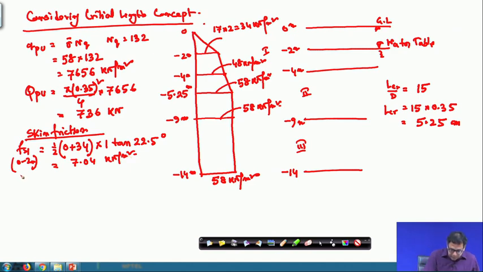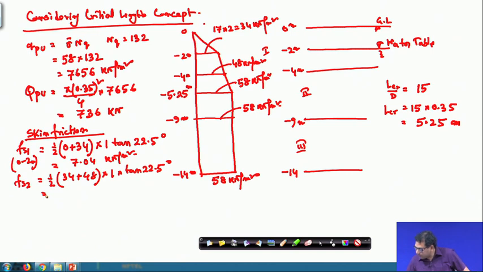Okay. So, similarly, Fs2 will be the average of these two, that is 34 plus 48, and here k value is 1 and tan is 22.5 degree.